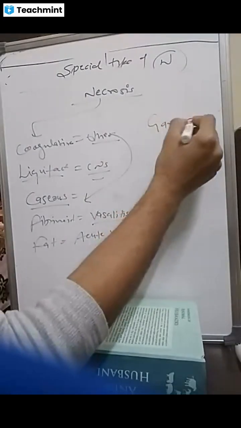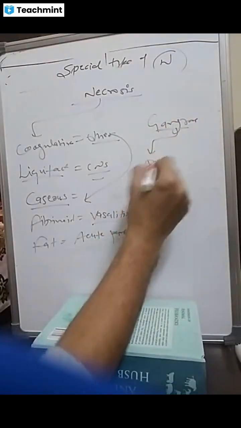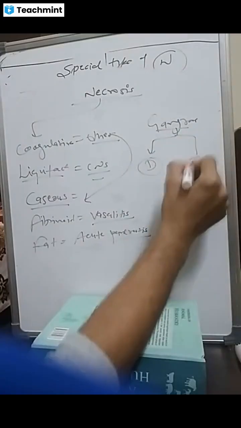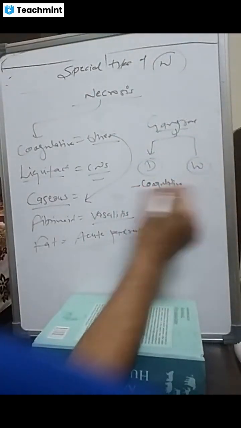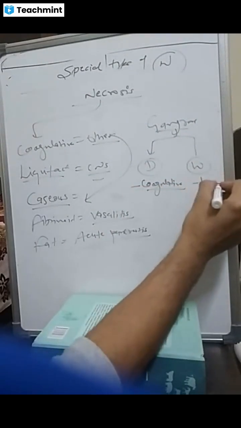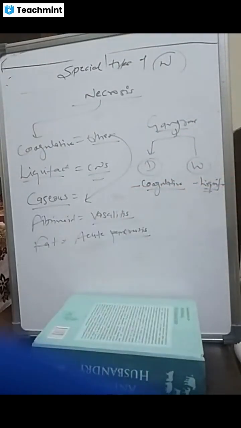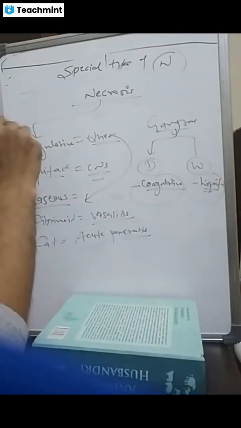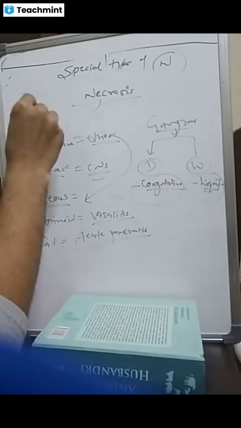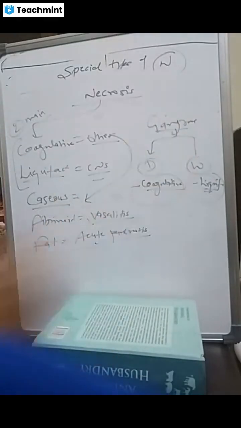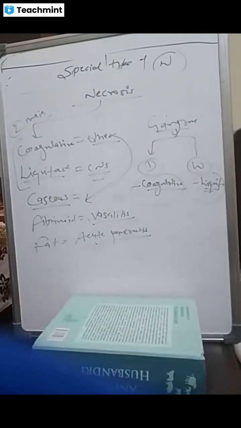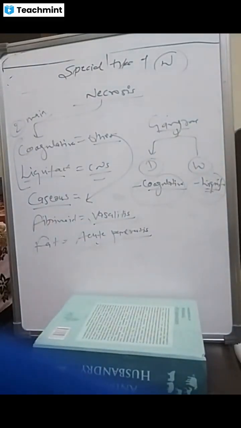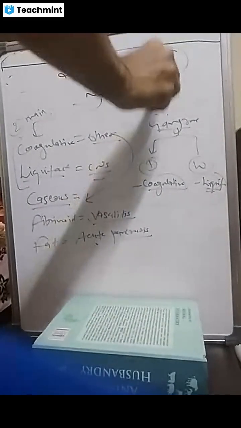Then gangrene, dry and wet. Dry is coagulative necrosis and wet is liquefactive. So coagulative and liquefactive are the two main patterns, and all these are the special types of necrosis.